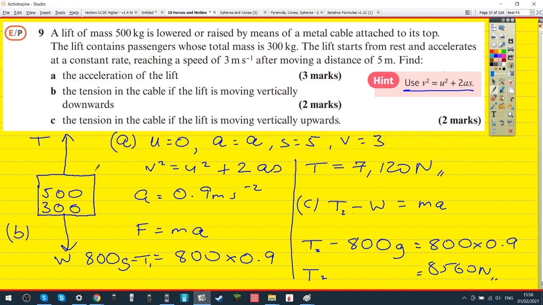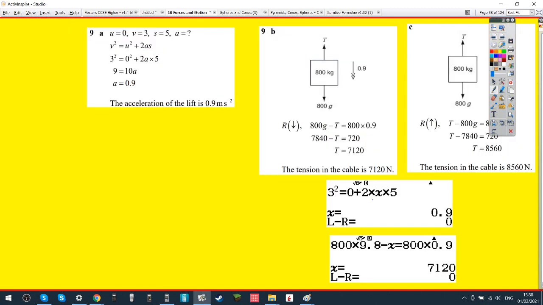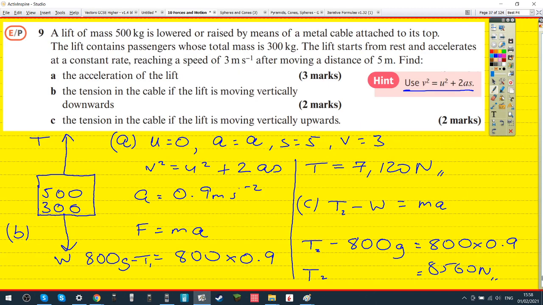So if it's accelerating at 0.9 going down, then weight would have to be bigger than tension, so it'd be weight minus tension. If it's accelerating up at 0.9, then it would be tension minus weight. Let's see, 7,120, 8,560. Great. It's a bit like friction.